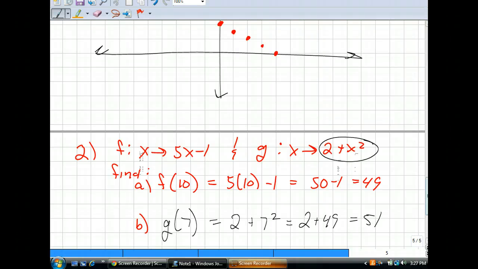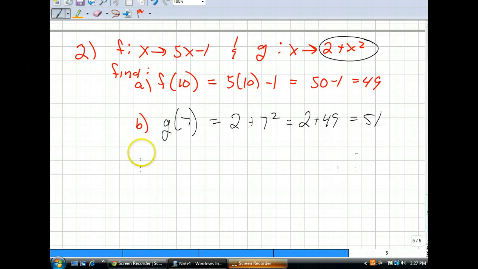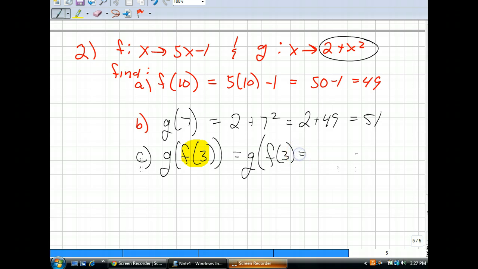All right. Now, the next example is what we call a composite function. It says find g of f of 3. Okay, so in a composite function, you work from the inside out. So you find f of 3. So f of 3 is equal to 5 times 3 minus 1.